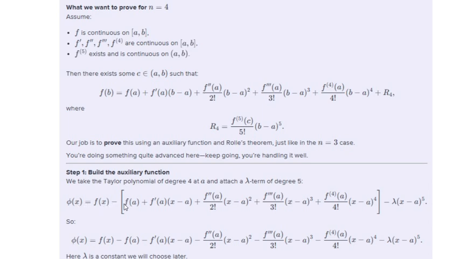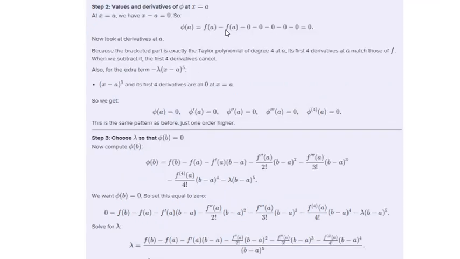Auxiliary function phi of x is equal to f of x minus this quantity expression minus lambda into x minus a raised to 5. Again, phi of a and phi dash of a are going to become 0.